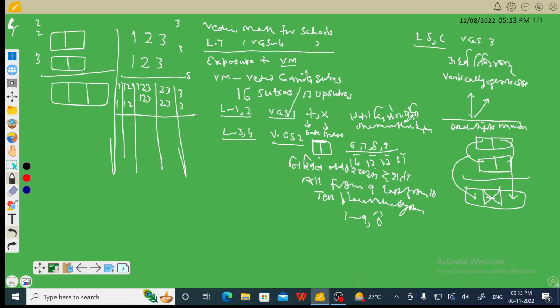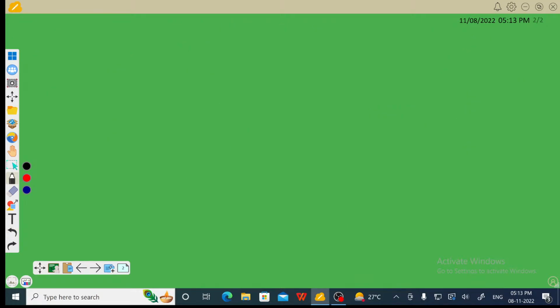Now a step ahead, there is Vedic Ganita Sutra 4. Text is Pravartya Yojayet. Simple rendering is transpose and unite.